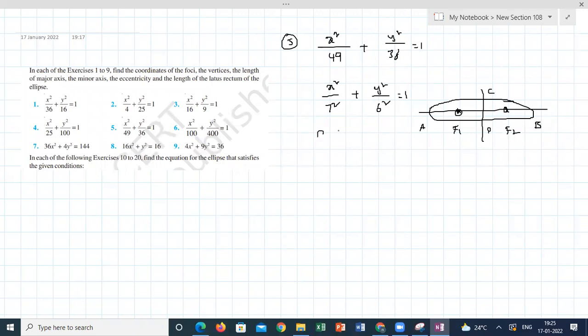A is equal to 7, B is equal to 6, C is root of 49 minus 36. How much? Root 15. Yeah, proceed. I'm giving a few minutes. Please let me know the answer.